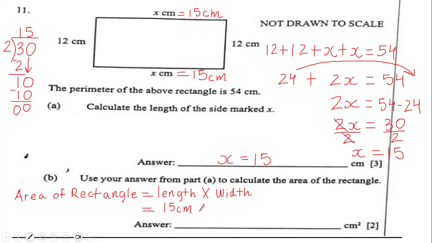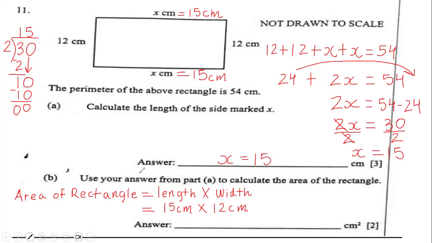What's the width of the rectangle? 12 centimeters. The width is 12 centimeters. So we have 15 centimeters multiplied by 12 centimeters.